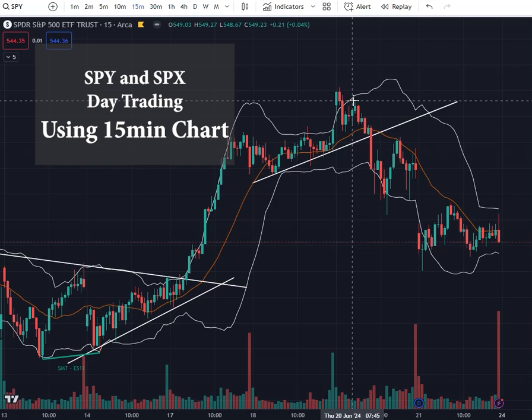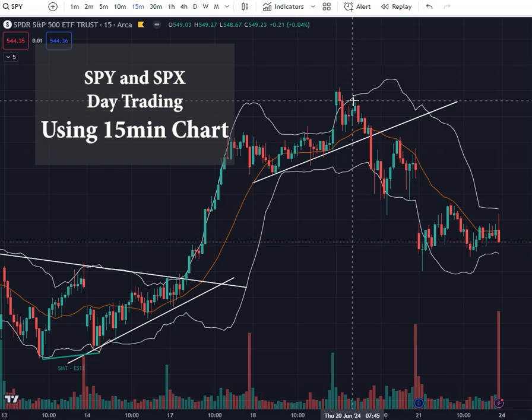For the higher time frames like 15 minutes, 1 hour, daily, weekly, monthly, Bollinger Band lines are so important because they give you an opportunity to understand the direction of the market. The market always follows the basic rules, and it always goes back into the Bollinger Band lines.